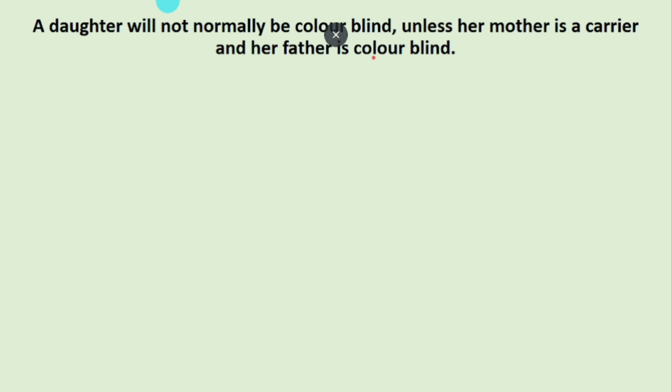So daughter will not be colorblind unless her mother is a carrier and father is colorblind. If father is colorblind, you will have to show the genotype this way. And mother is a carrier, so only one X chromosome is affected. For the daughter, we will only consider the X chromosome. So this X can combine with this.